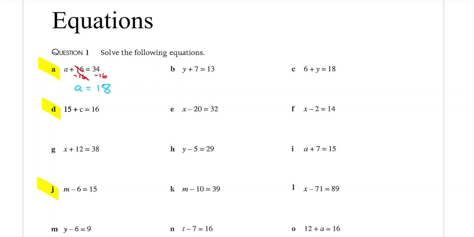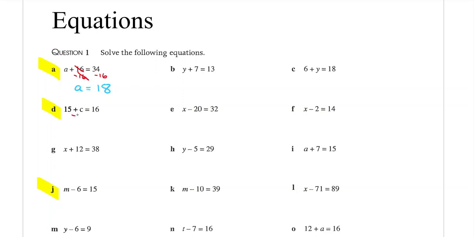Let's do another one. D. Trying to trick you a little bit here because we have 15 plus C equals 16. Normally we like to say C plus 15. We like them around the other way. But we can still do it. The C is what I want by itself. What is the opposite of the 15? Minus. Good.